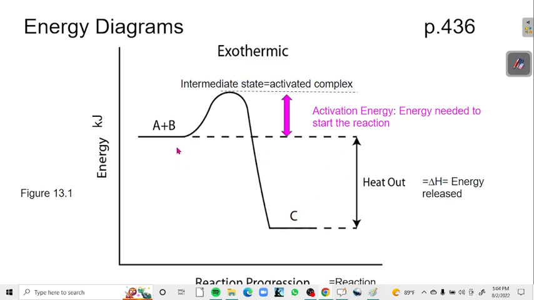The difference between the level where the reactants start and the level where the products end is your change of enthalpy. It's the energy release, and by reading the amounts, the beginning and the end, you can calculate the amount of energy that was released, and you're going to learn how to do that.